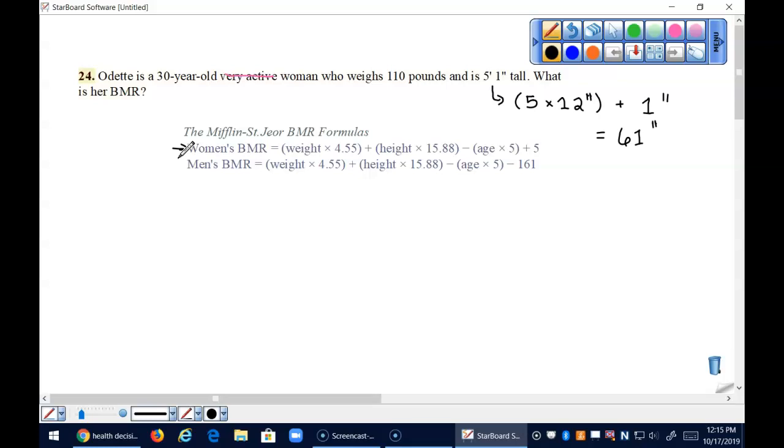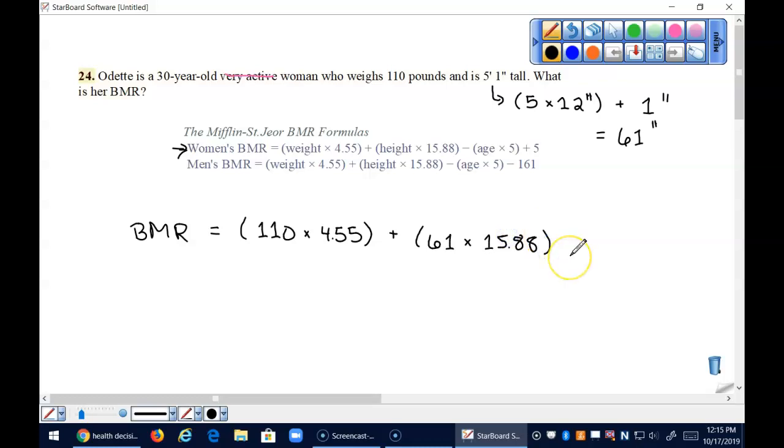So we want weight times 4.55 plus height times 15.88. I don't know why I'm doing multiplication with an X instead of a dot today. Tell me if that messes you up.